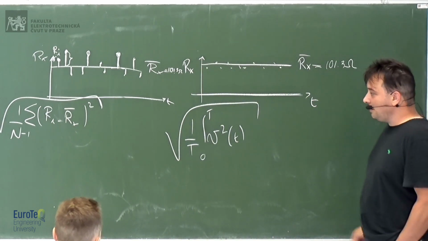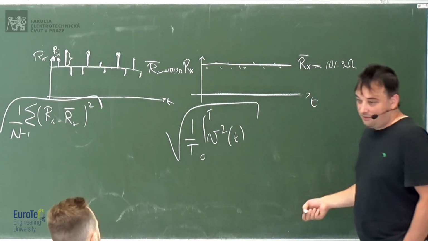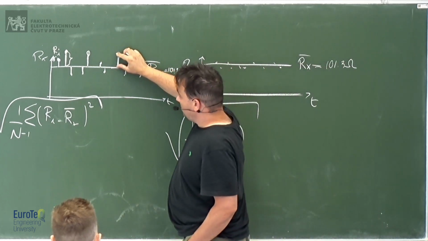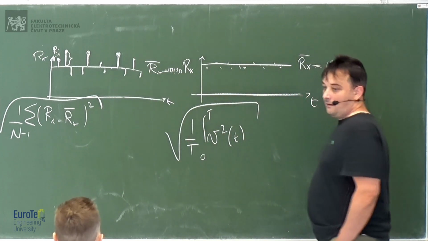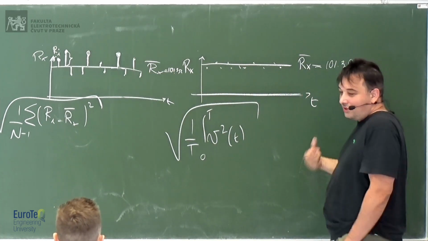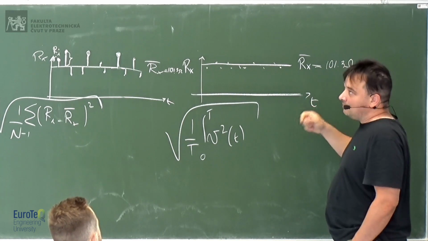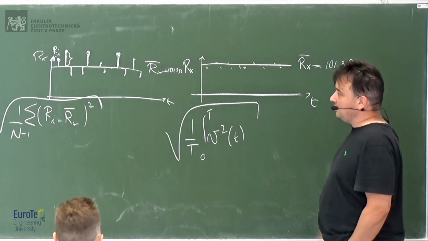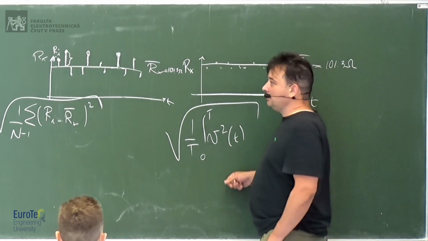The formula looks similar, but keep in mind that in the RMS value you also have the DC value. Here I take only the part which deviates from the mean, because what I want to understand is the typical distance between the points and the mean. So that is the standard deviation.